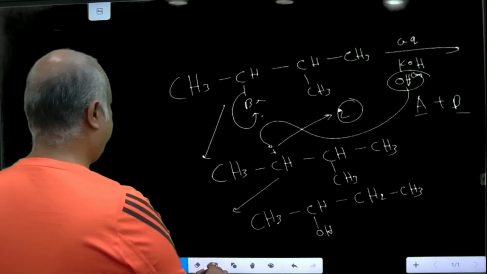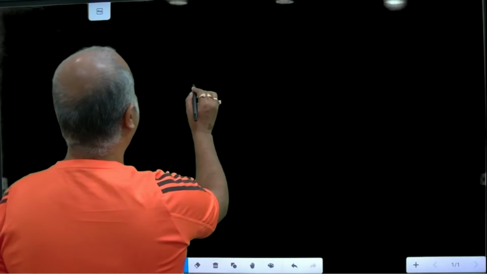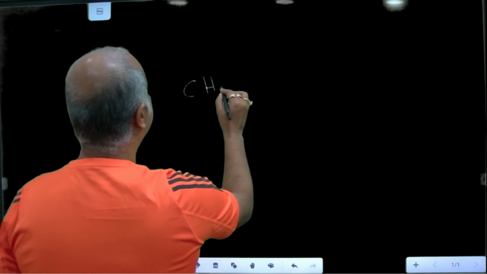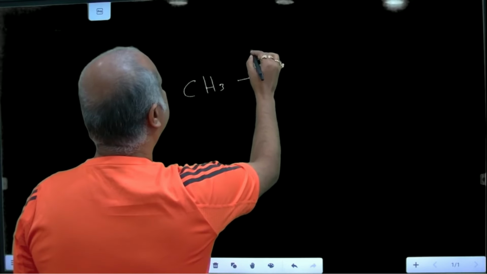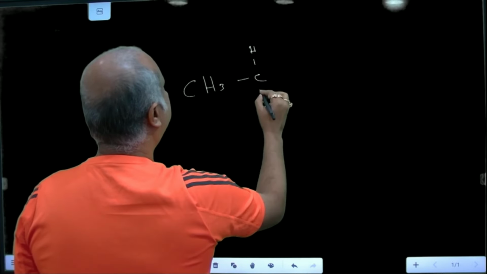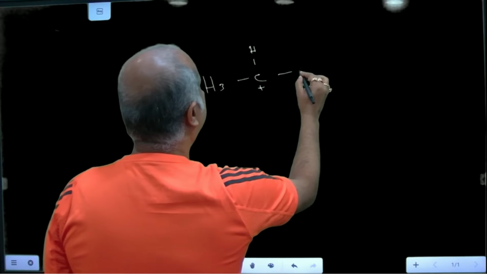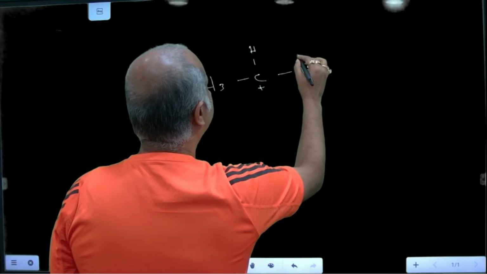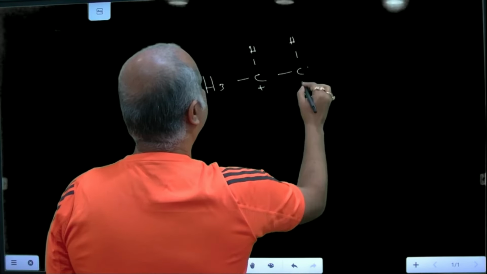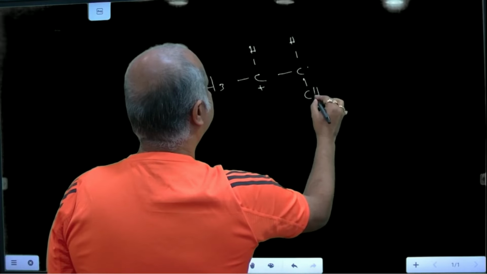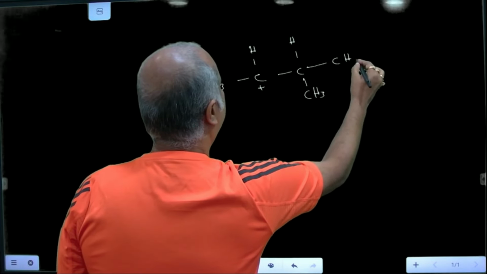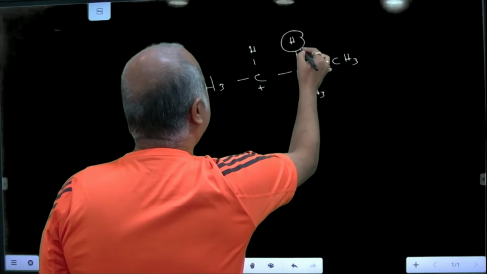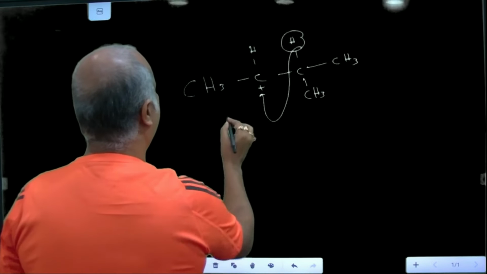What is the major product? CH3, C, H plus, CH3, CH3 and CH3. This H can migrate to that one.